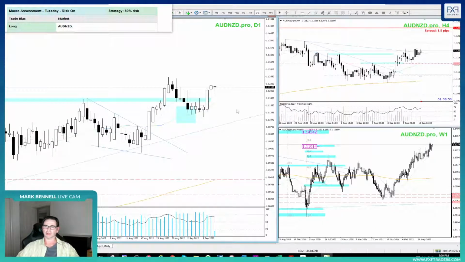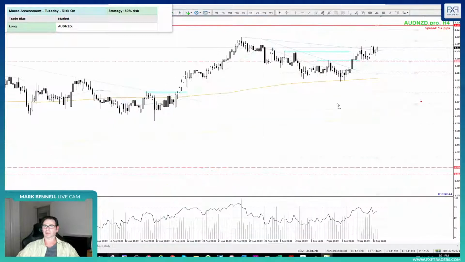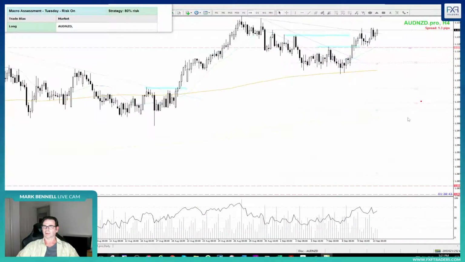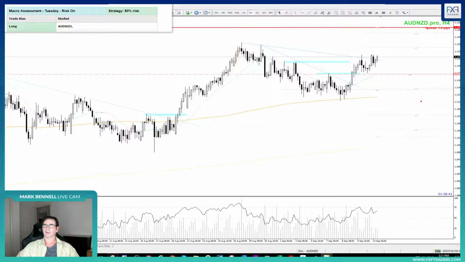All right, Aussie, New Zealand. We're watching this pullback through here. We've got the shakeout through the low. I think we had the trend line through here, watching this to give us a swing in here to get long.